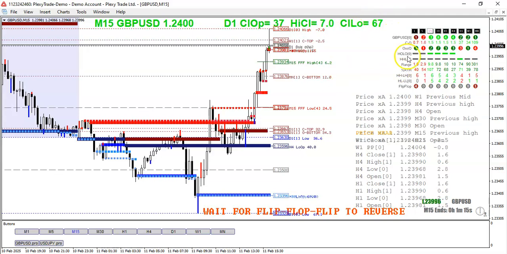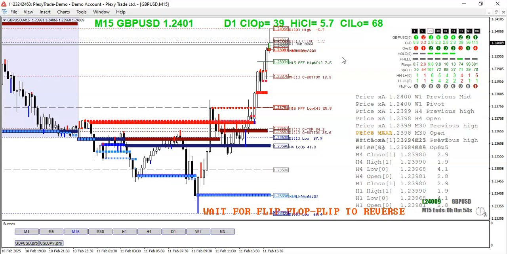And so I also have a Holo multimeter, so I can see here that these are all above the highest open. So that means the Holo trade is still on, meaning there's a possibility for a Holo trade.